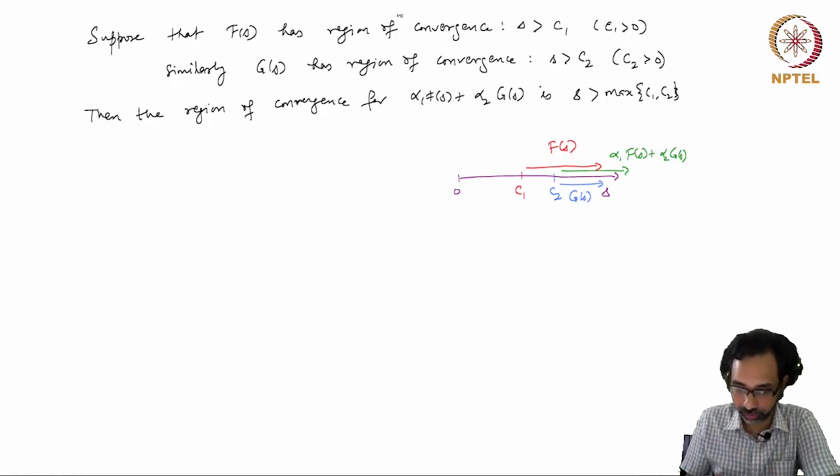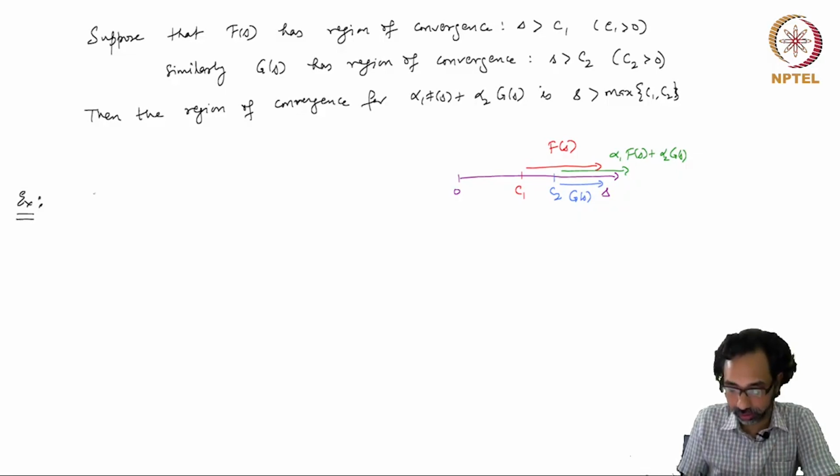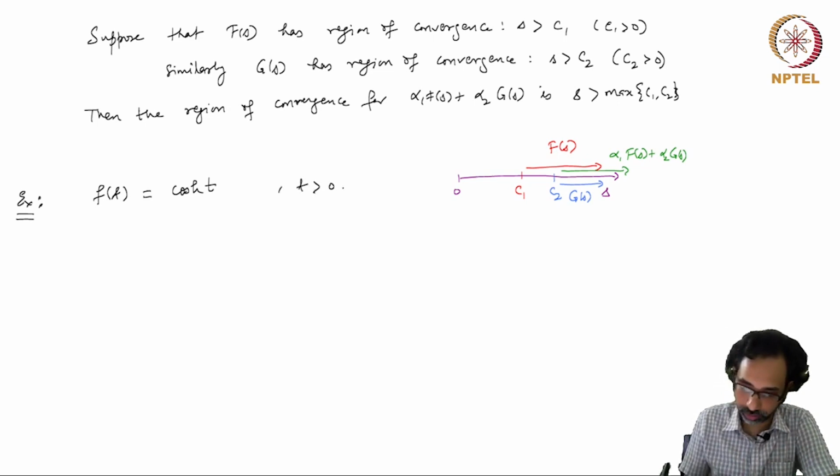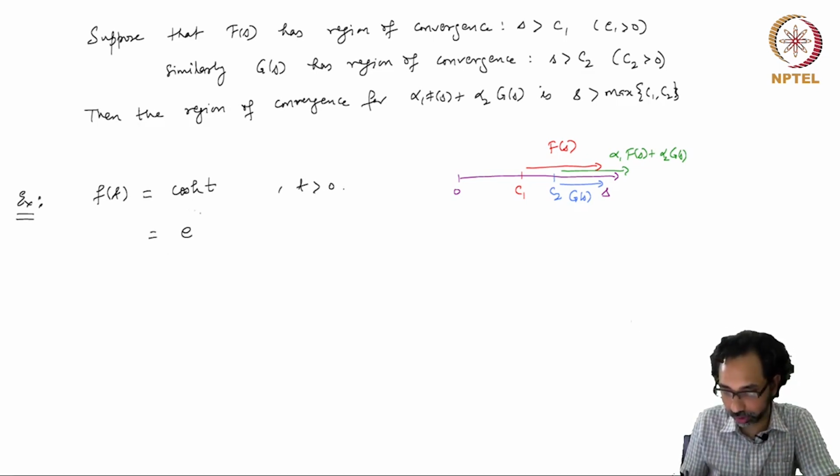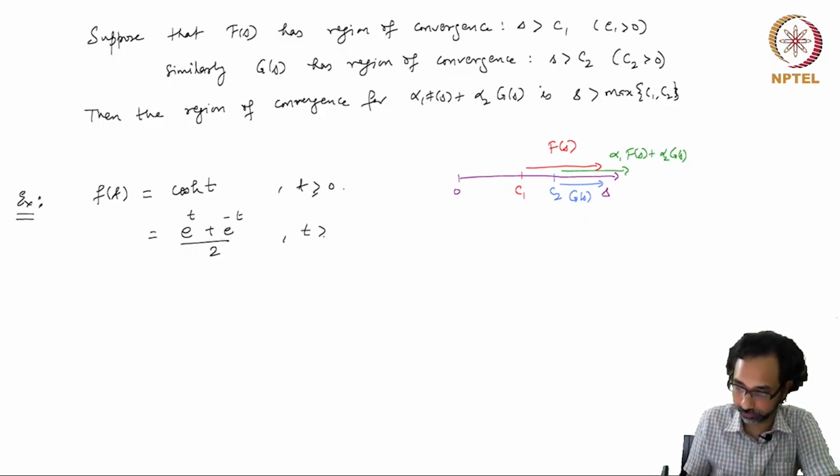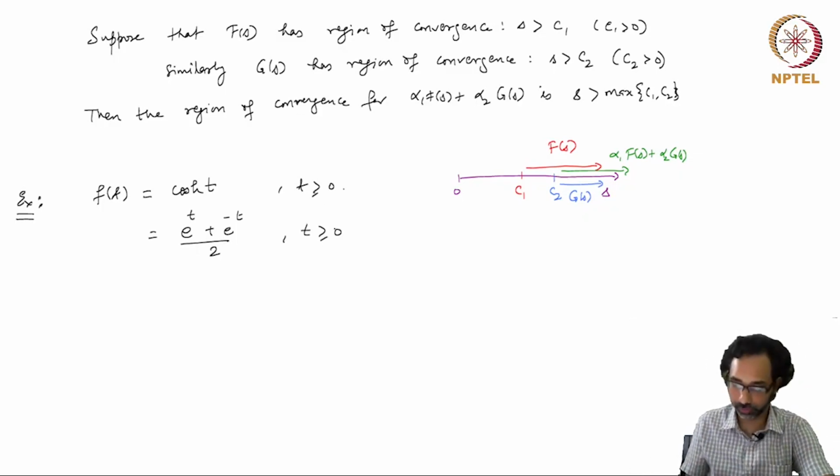So let us try to compute an example using this property. Let's suppose that f(t) is equal to the hyperbolic cosine function, cosh t. Remember that the cosh function is given by e to the power t plus e to the power minus t over 2, for t greater than or equal to 0.